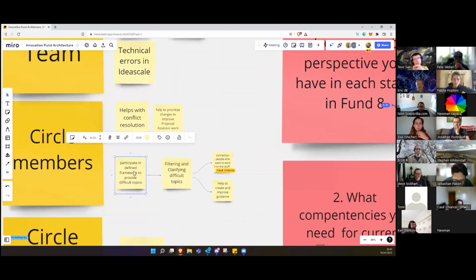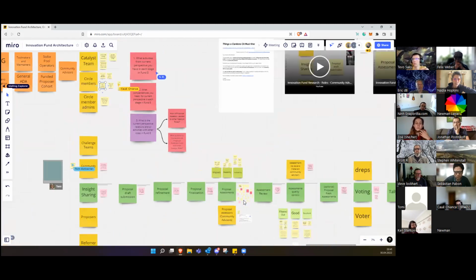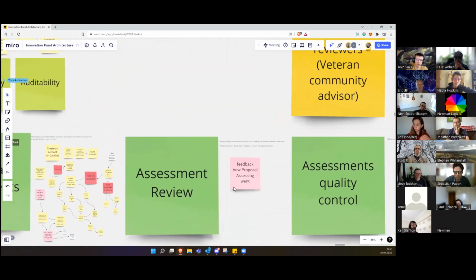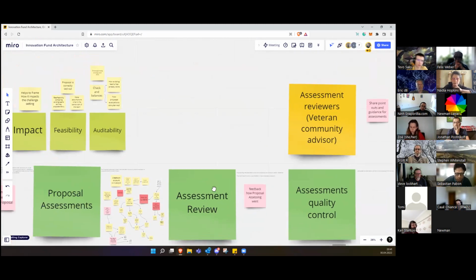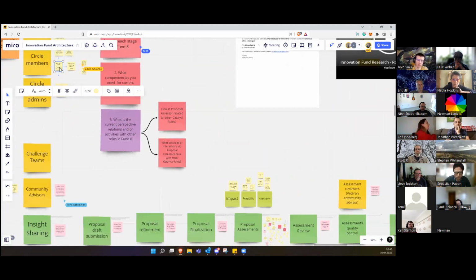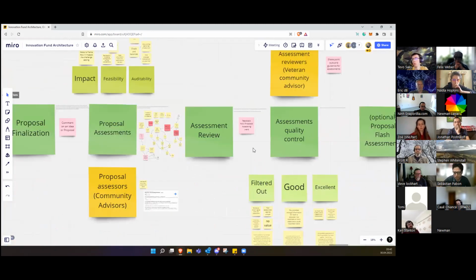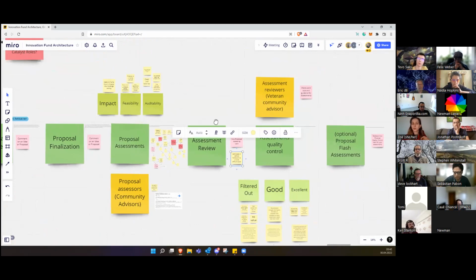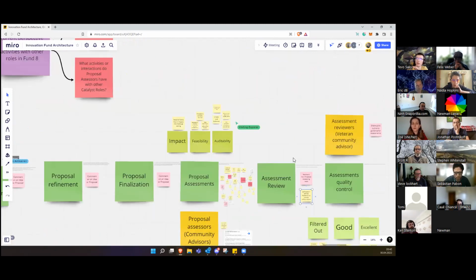That would give for the proposal assessor, but I think that's an activity they do in these stages, feedback on how proposal assessing went. So basically after they did their stuff, they say, okay, there are some issues I want to take on, and that is something they could do in these stages. So basically we went back to after proposal assessment or meanwhile.